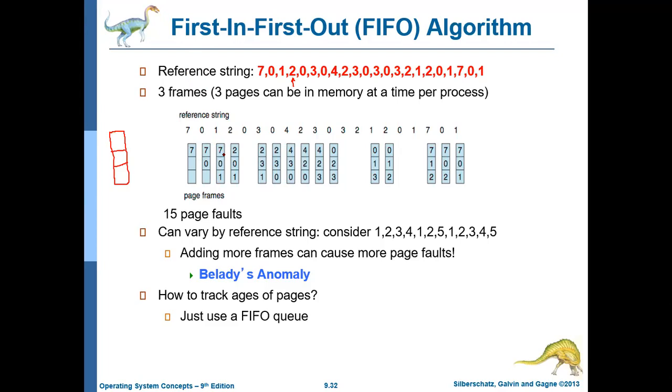If you compare this 7, 0 and 1, which particular page did you insert first? It is this 7. So 7 is going to be removed and you are going to insert this 2 in place of 7.